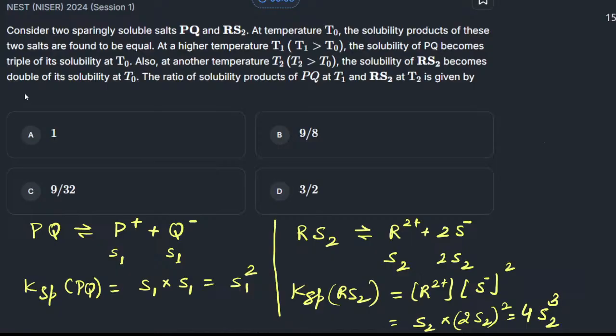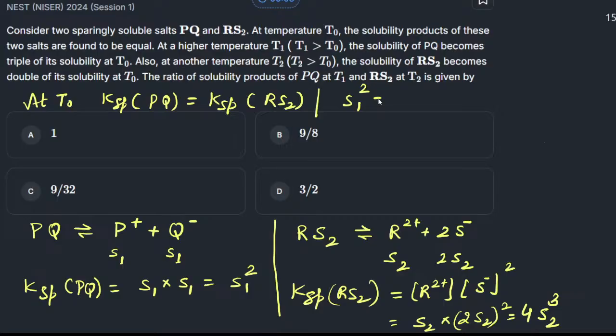Now it is given that at T naught, the solubility product of PQ is equal to the solubility product of RS2. This means we have S1 square equal to 4S2 cube.